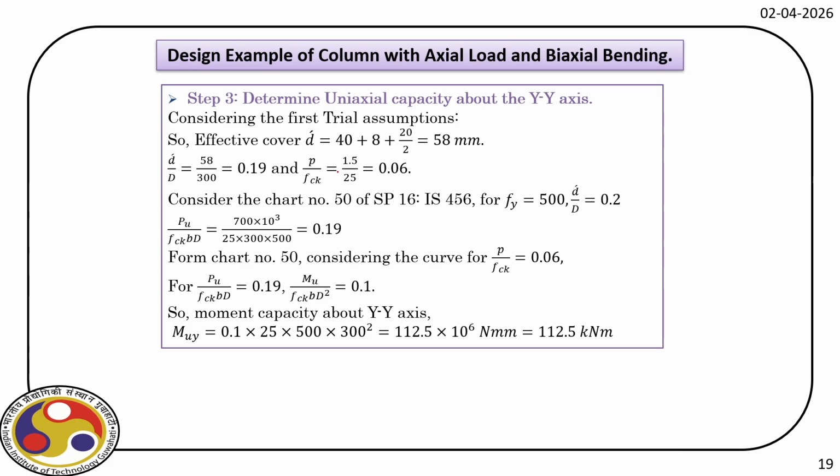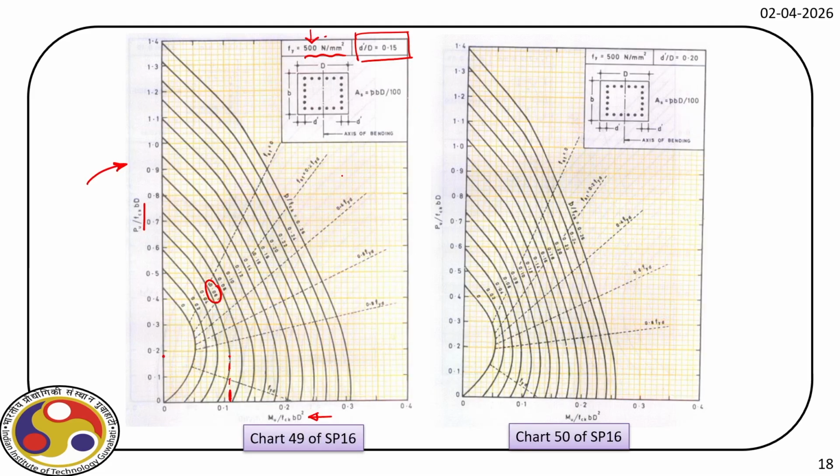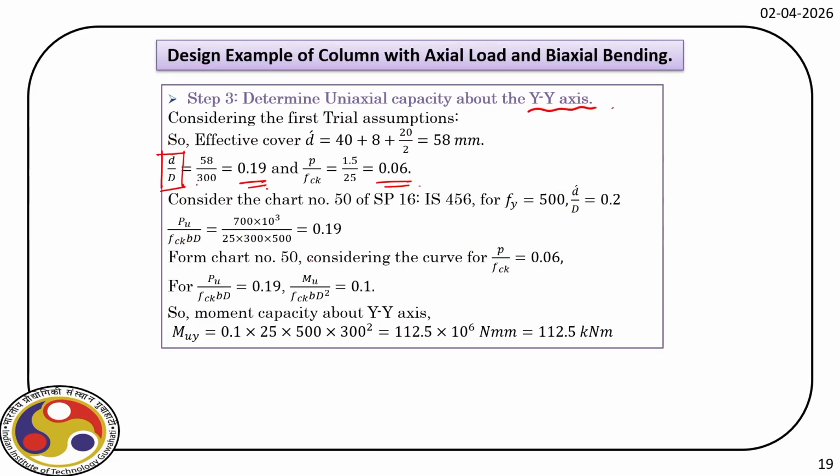Now step 3, we determine the uniaxial capacity about the y axis. Same procedure, repeat the same exercise. So d' by D we first find out, then p by fck, which is 0.06. Now we use chart number 50 of the same codal provisions.